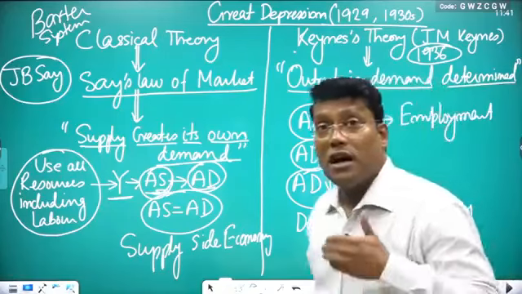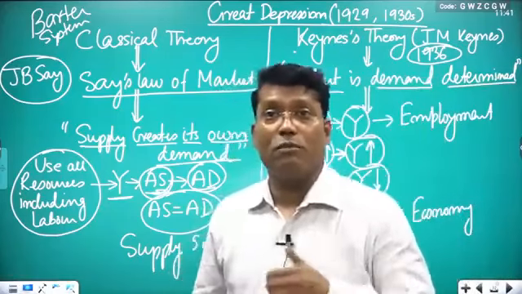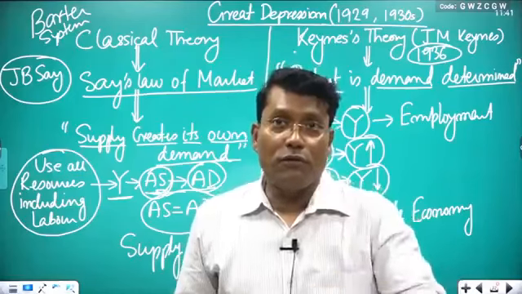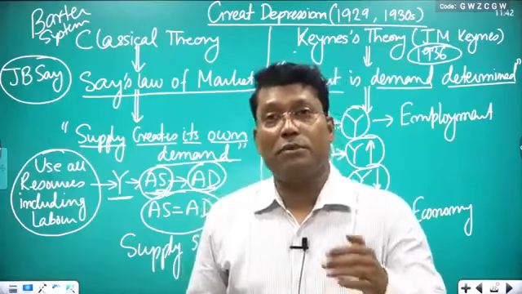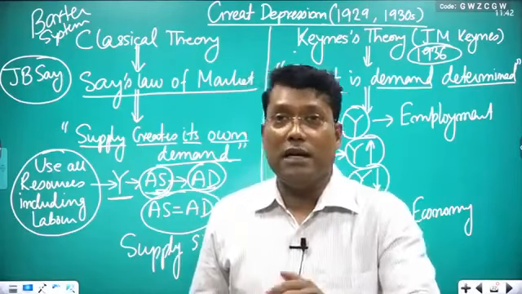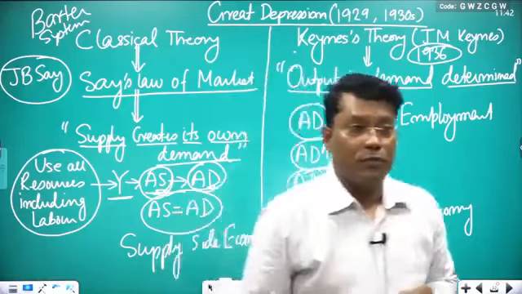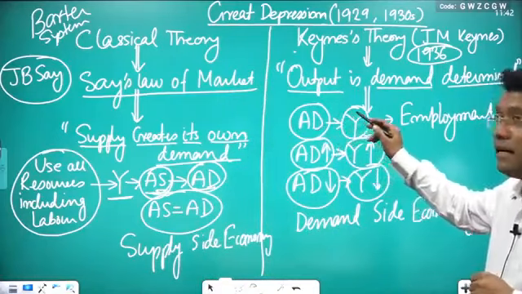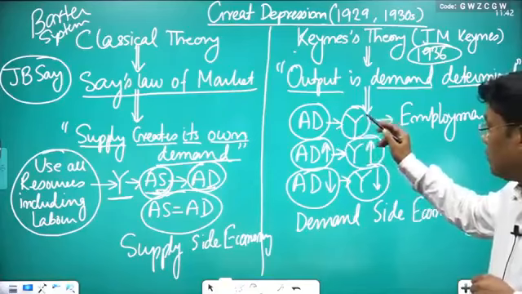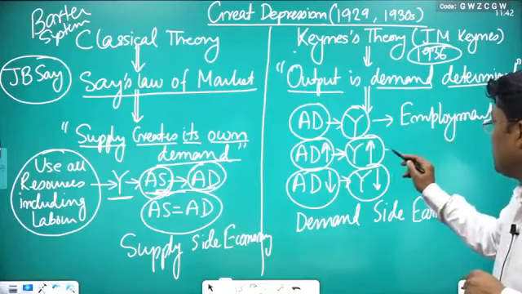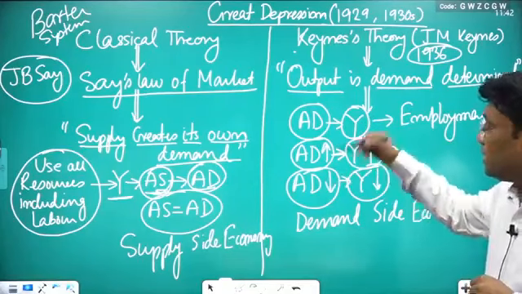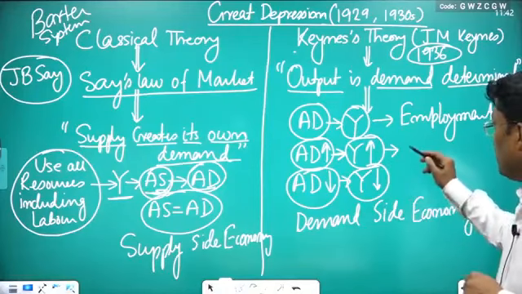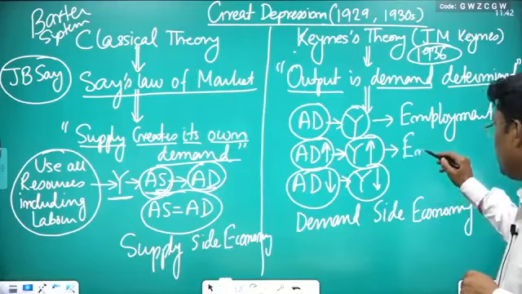If you are producing a higher level of output, your level of employment will definitely be higher. If you are producing at a low level of output, the requirement of labor will be low and employment will be low. So aggregate demand decides the level of output and output decides employment. If aggregate demand starts increasing, the output level goes up and employment goes up.